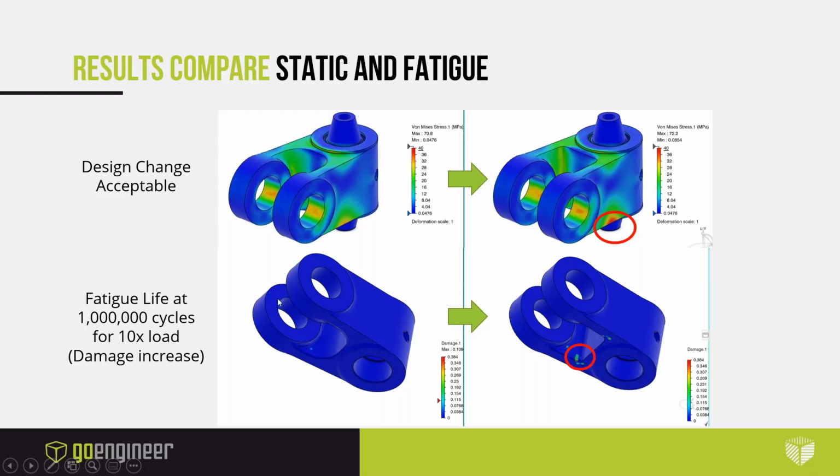And finally, for the fatigue life, although the component showed good performance for a single cycle, for about a million cycles the damage in this area was significant. So this probably is not an acceptable design, and I may need to go back to the drawing board and maybe increase that fillet size to strengthen the design a little.